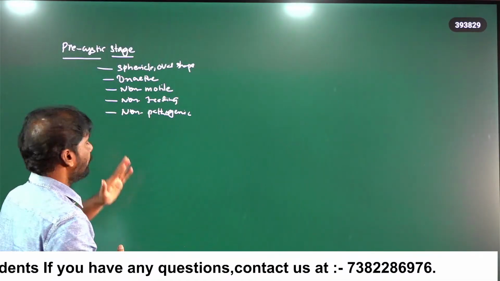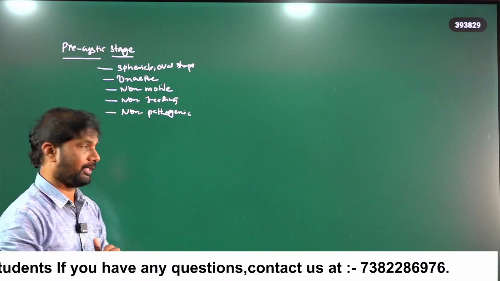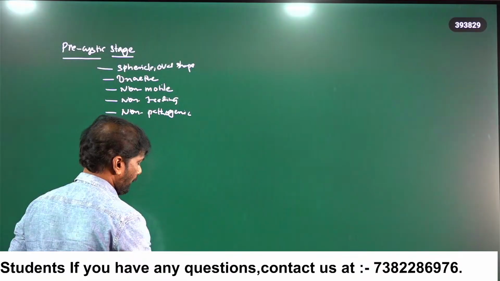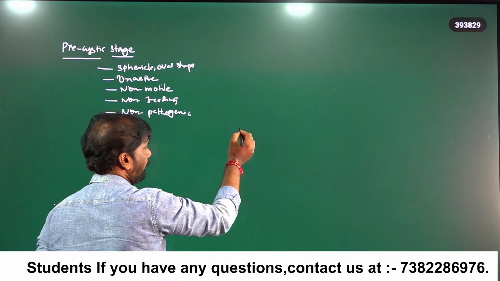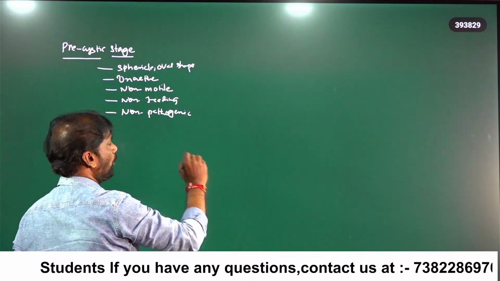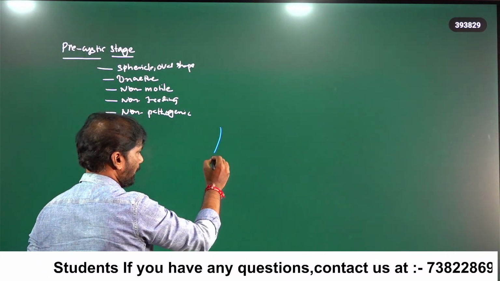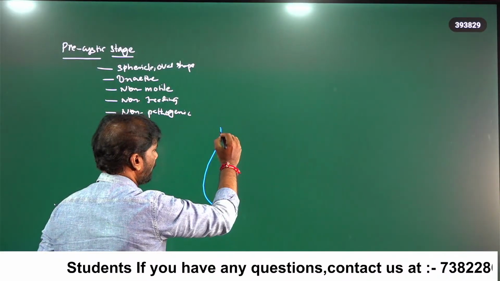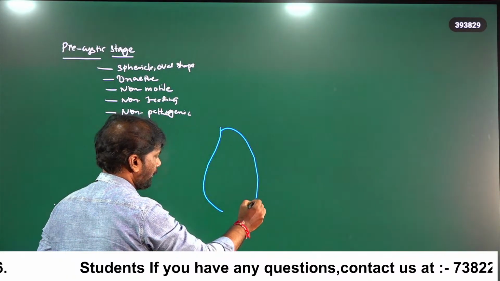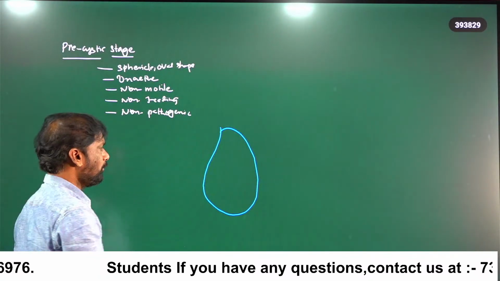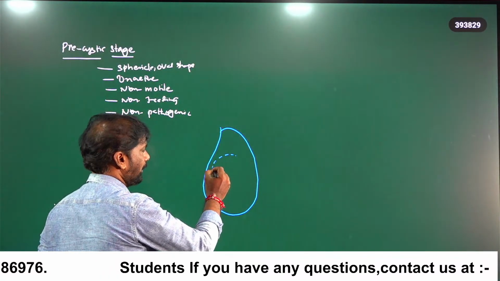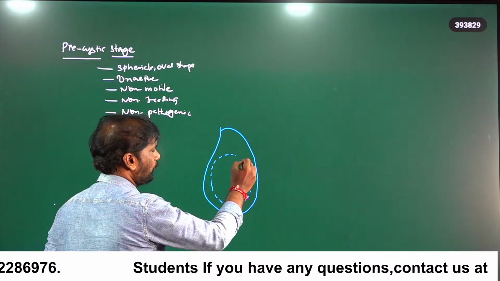So what is the structure of the pre-cystic stage? I can draw a diagram. Here is the pre-cystic stage, spherical or oval in shape. In this spherical pre-cystic stage, there is an endoplasm.